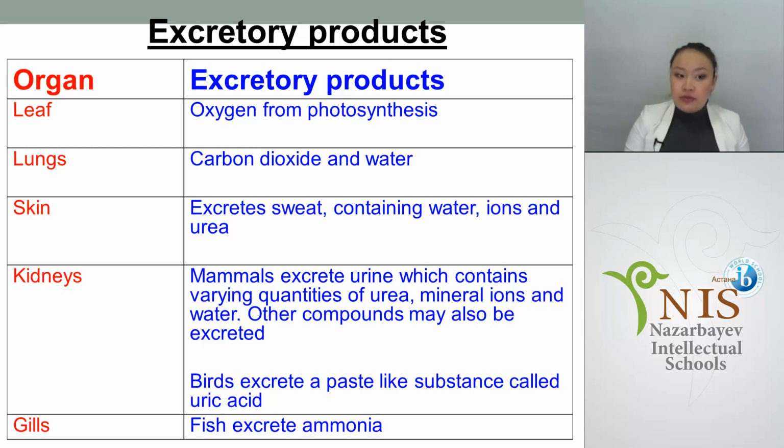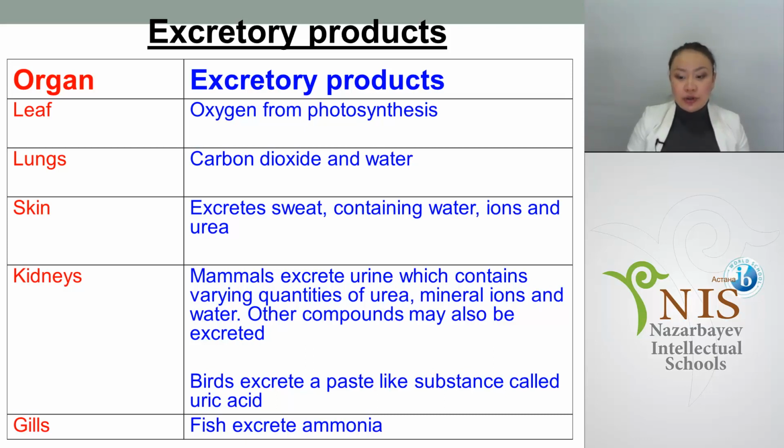Excretory products. First, organs and products. Organ: leaf, in plants. Excretory product there is oxygen from photosynthesis. Lungs: carbon dioxide and water. Skin excretes sweat containing water, ions and urea.